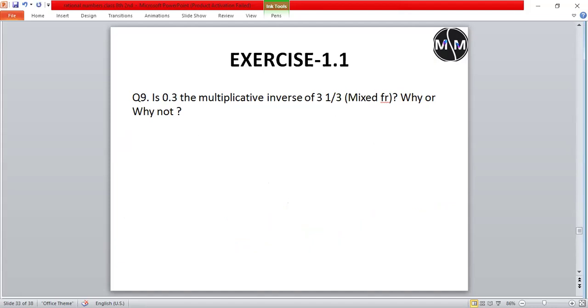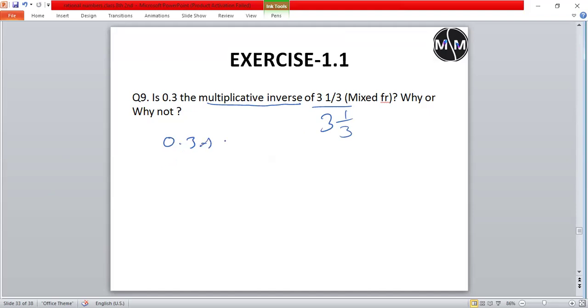Next question. Question number 9 of exercise 1.1. Is 0.3 the multiplicative inverse of 3 by 3, in a mixed fraction? So first of all, we will change the decimal into a fraction.